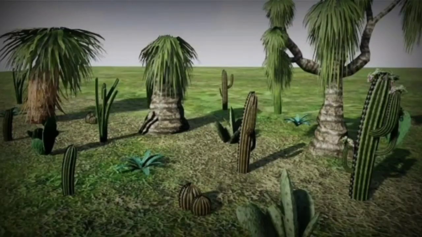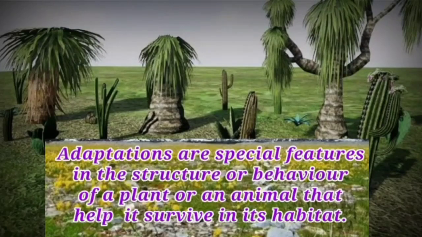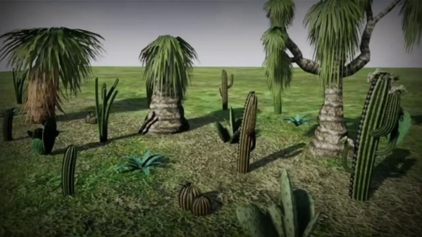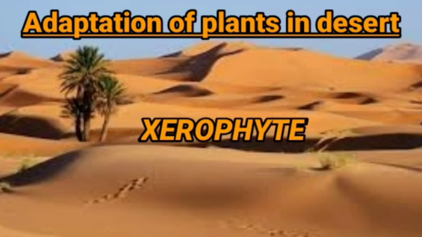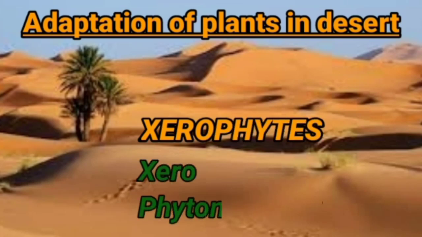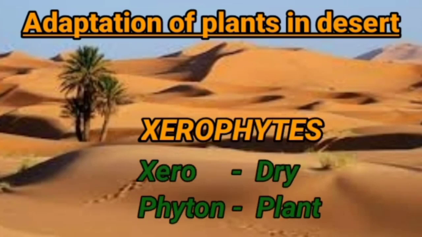Adaptations are special features in the structure or behavior of a plant or an animal that help it survive in its habitat. Plants that grow in deserts are called xerophytes. In Greek, xero means dry and phyton means plants.